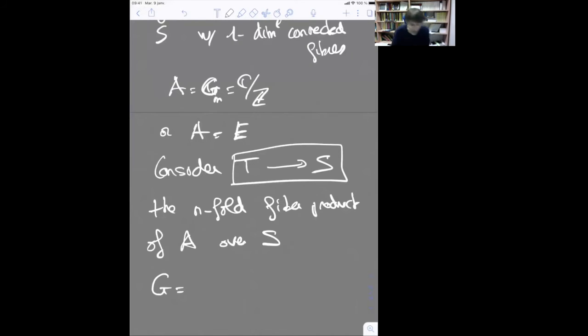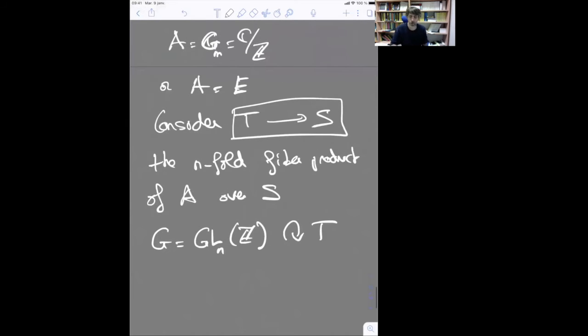GL_N(C) is too big, but GL_N(Z) acts on T. It acts linearly, and because it preserves Z, or Z plus tau Z in the elliptic case, it gives an action on this n-fold product.